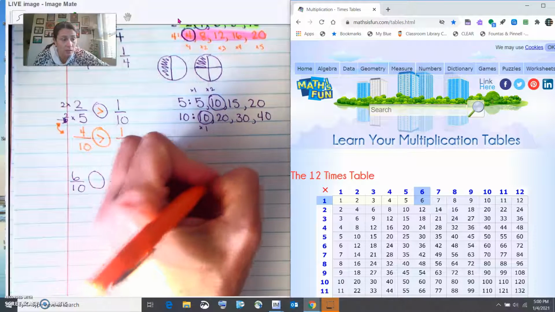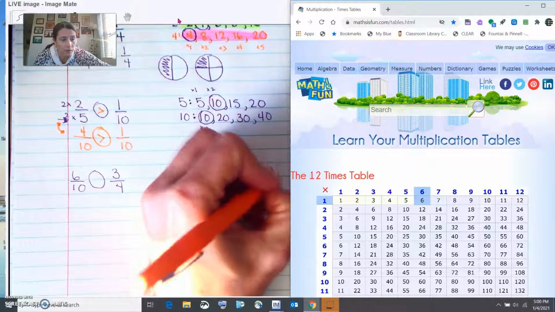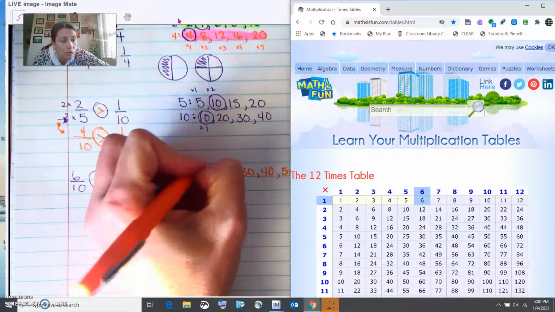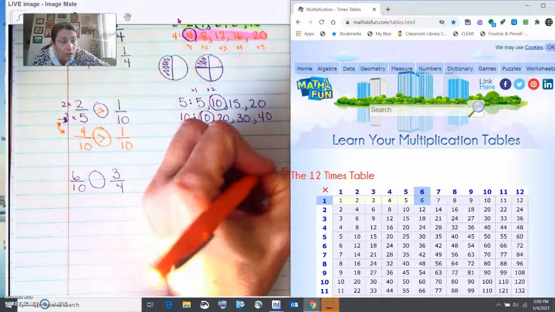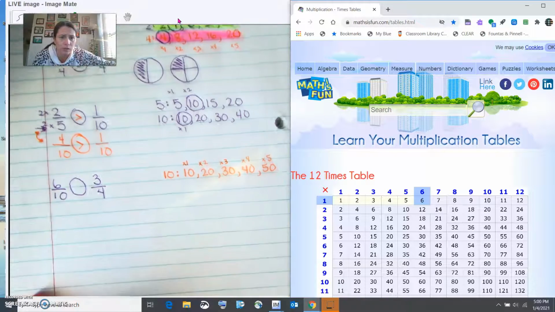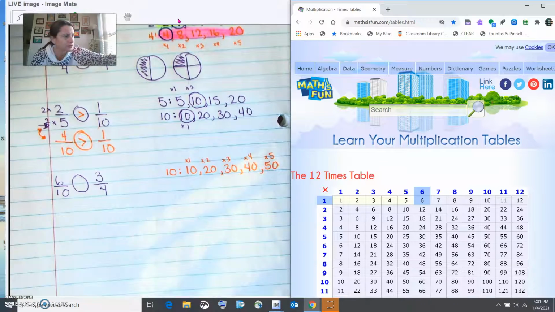We can do 10, 20, 30, 40, 50, okay? And if you want, you can do times 1, times 2, times 3, times 4, times 5 to help you remember that these are the multiples. So it's 10 times 1 is 10, 10 times 2 is 20.